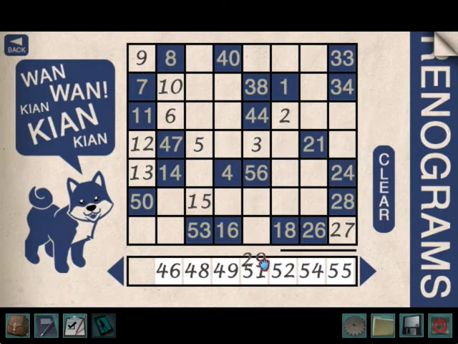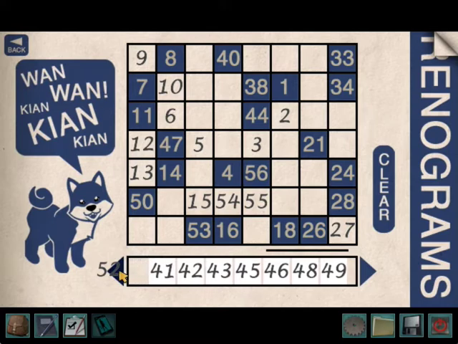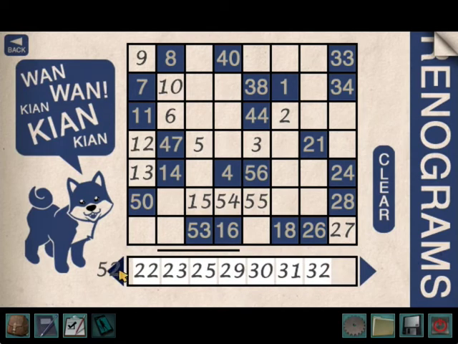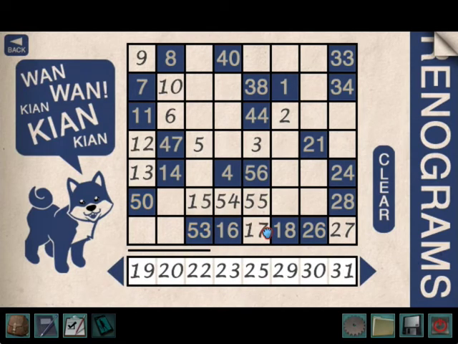Yeah, 56. Okay, so 54 will probably go there. 55 will probably go there, which means that 17 can go in that spot right there. And 19 could go either way.